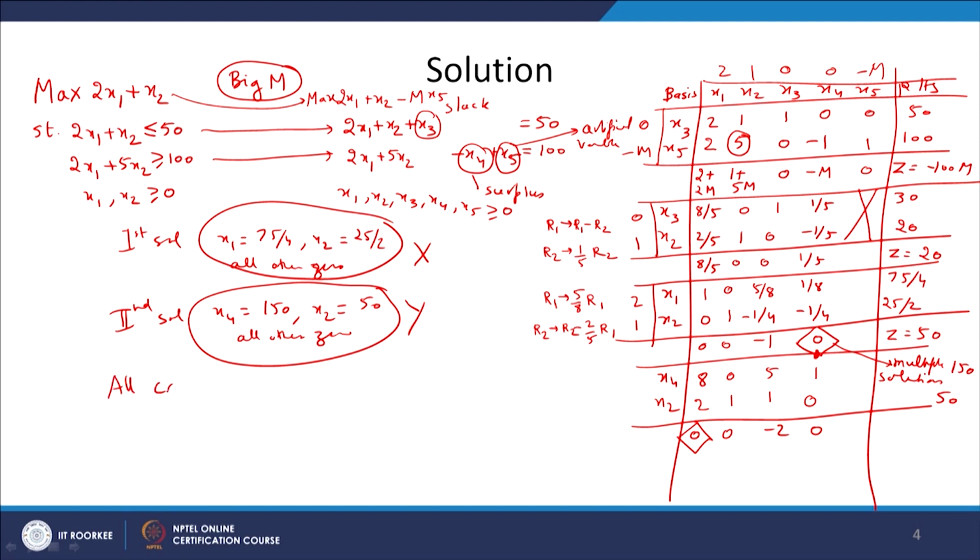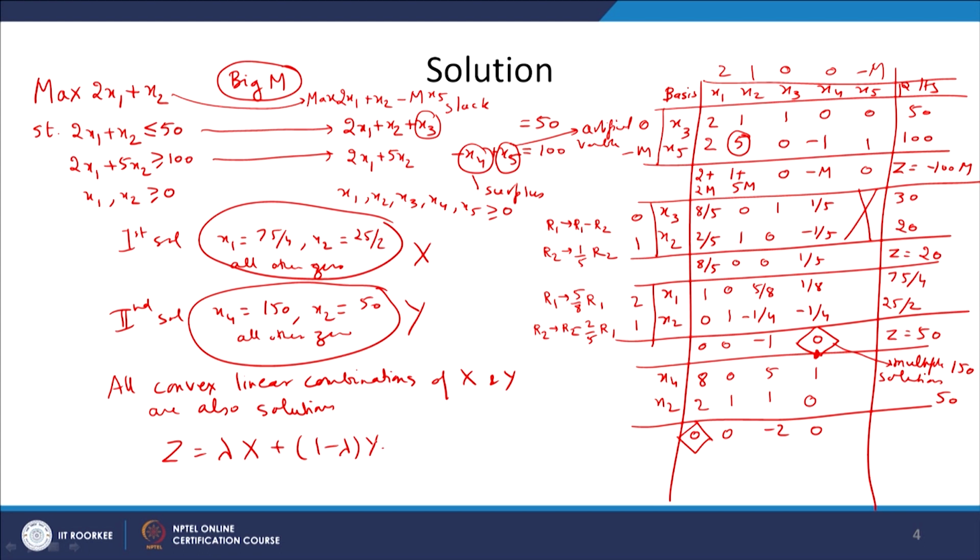So, all convex linear combinations of X and Y are also solutions, and this we can write, let us say, Z equals lambda times X plus 1 minus lambda times Y, where the value of lambda lies between 0 and 1.